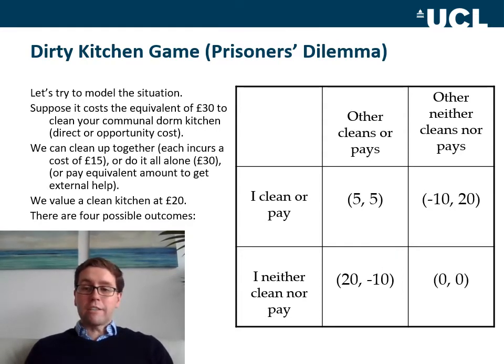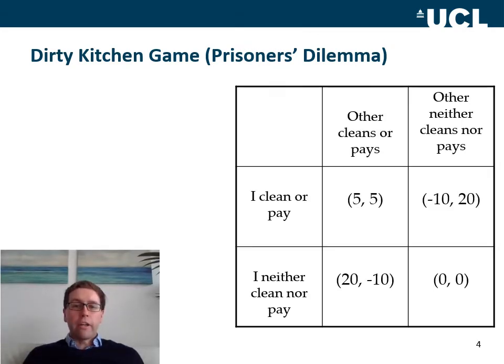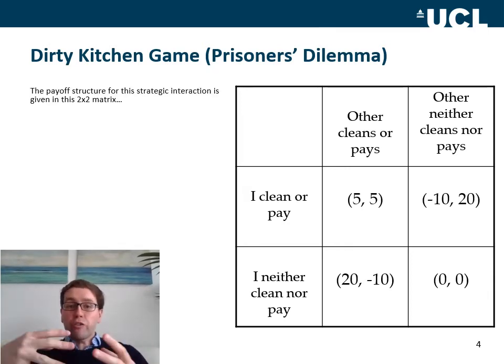And the last outcome, of course, is that neither of us cleans, which means we both don't incur the cost, but we also don't enjoy the benefit from the clean kitchen. So we find ourselves with this matrix. It's a 2x2 matrix, if you want a fancy word, that gives us the payoff structure for our strategic interaction.